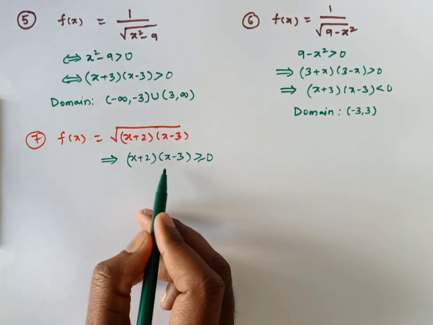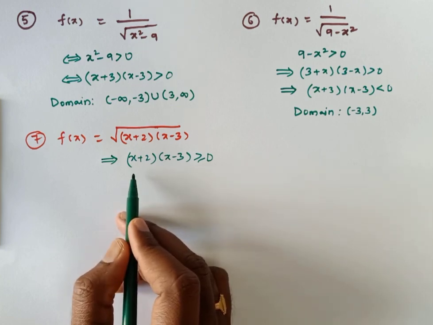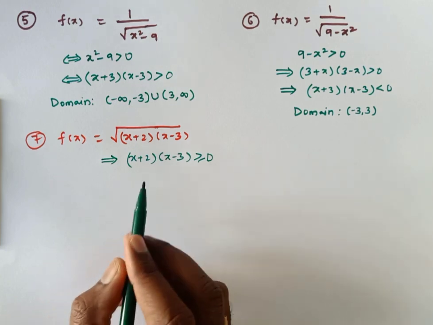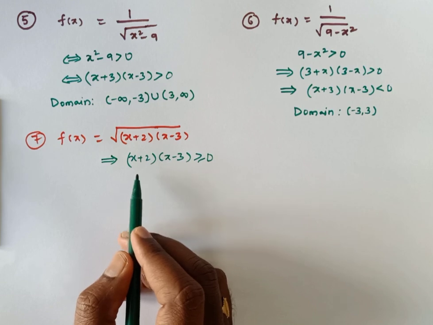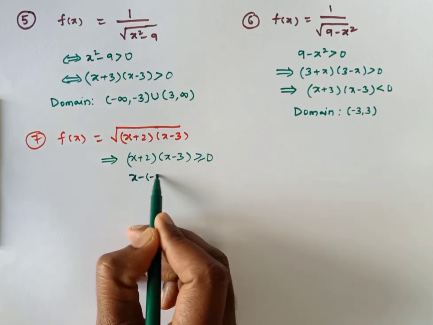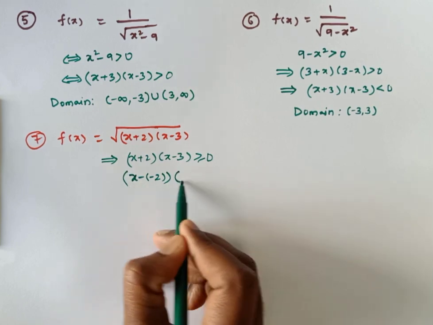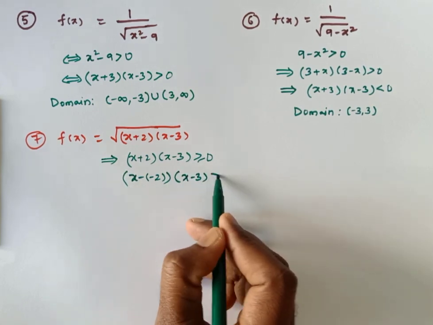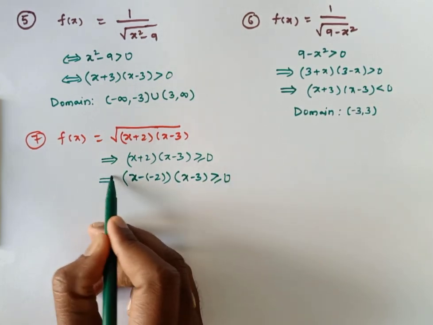Right? So x plus 2 into x minus 3, is it in the form of x minus alpha and x minus beta? No, so try to convert that into x minus alpha into x minus beta. So this is x minus of minus 2 into x minus 3 is greater than or equal to 0. Right?